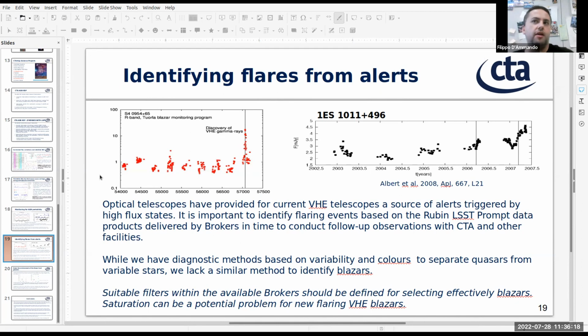So this is important if you want to follow up blazar sources instead of AGN in general. And of course, if you already know what are the targets that you want to follow up, saturation is not a problem, because you can provide a list of sources, and when there is a rising trend, you can start to think if to follow or not. But for new flaring very high energy blazars, saturation can be a problem.